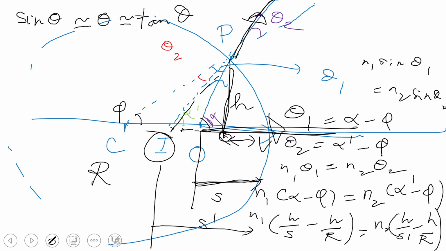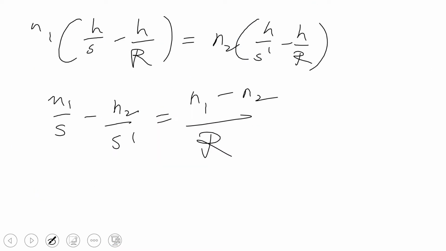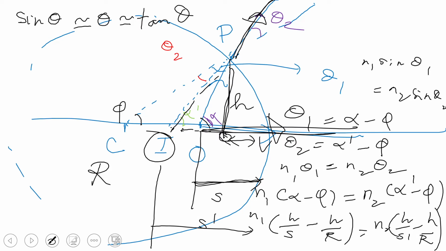So we have to change this sign because it's a virtual image. We're going to make it plus. And then if I look at the center of curvature, it is on the left and not on the right. If the center of curvature is on the left, then we consider that as negative again.